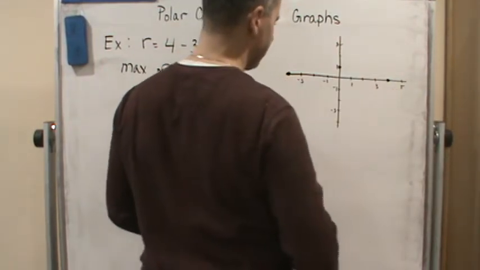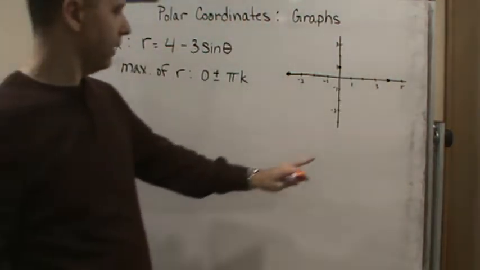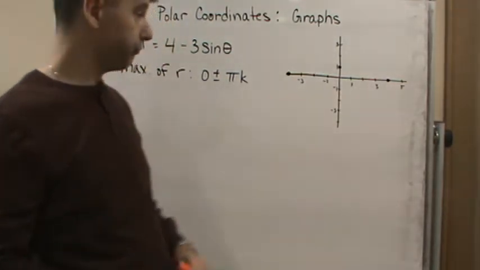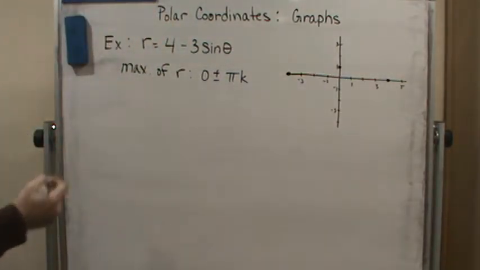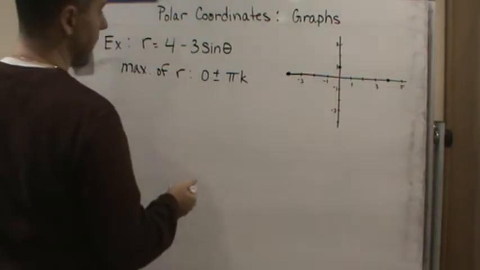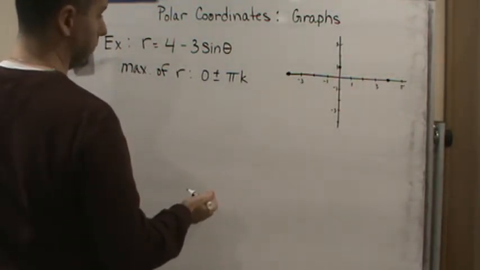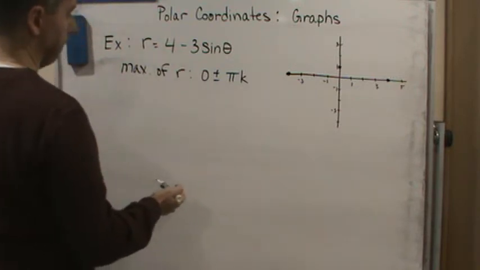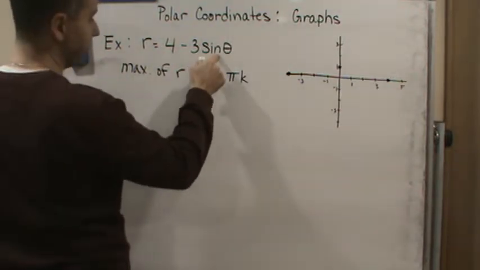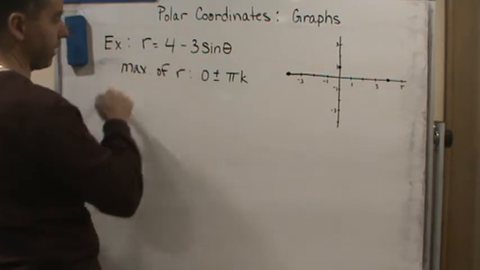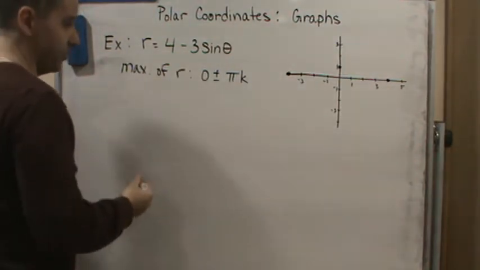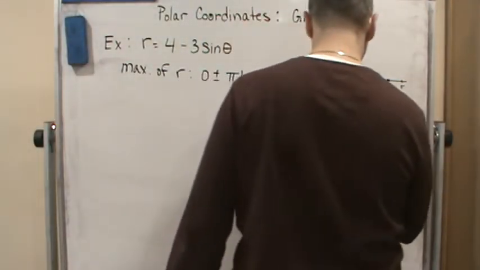So that makes sense. Now, what about 3 pi over 2? Well, 3 pi over 2 sine is -1, which means this is going to be positive 3, which means R is 7.